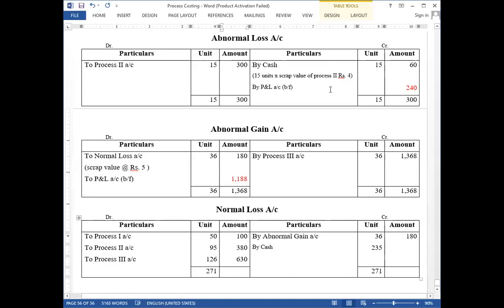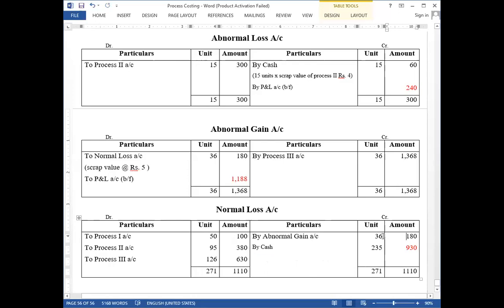So the total of this one is, and the balancing figure, how much is the balancing figure? This is the balancing figure, that is 930 rupees. So you can get the cash out of this normal loss, that is scrap value, even though it is 1110.